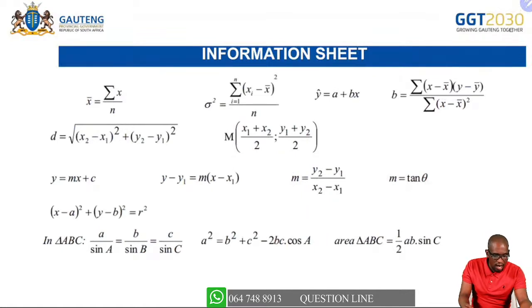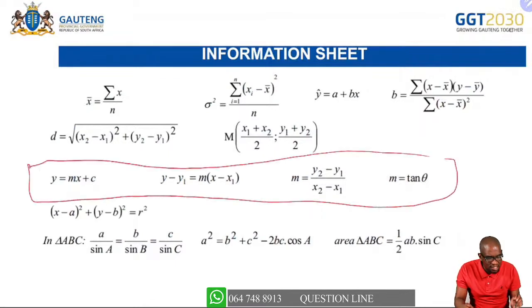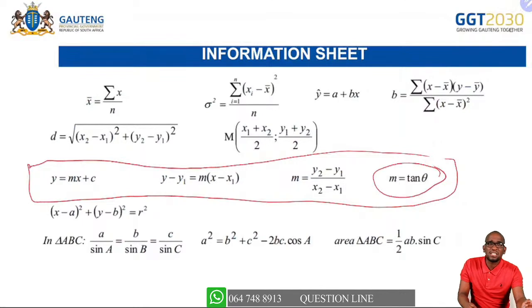Here you have formulas that are mostly used in paper 2, but it does not mean that they cannot be used in paper 1. All these formulas that I've just highlighted can also work in paper 1. Remember, they can also ask about inclination in paper 1 in functions. They can ask about the inclination of a line segment.